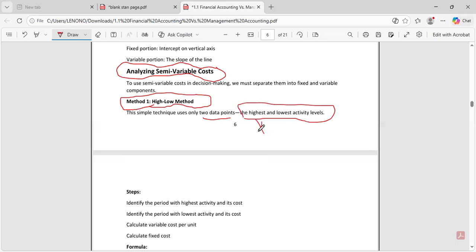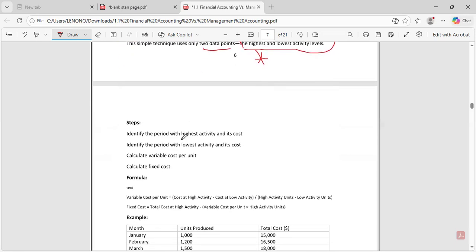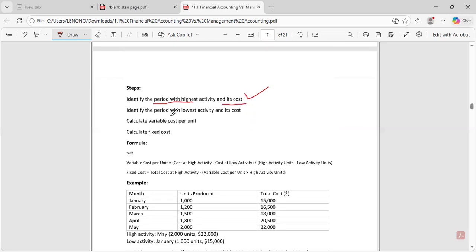The steps: identify the period with the highest activity and its cost. Then identify the period with the lowest activity and its cost. Then calculate the variable cost per unit, then calculate the fixed cost.